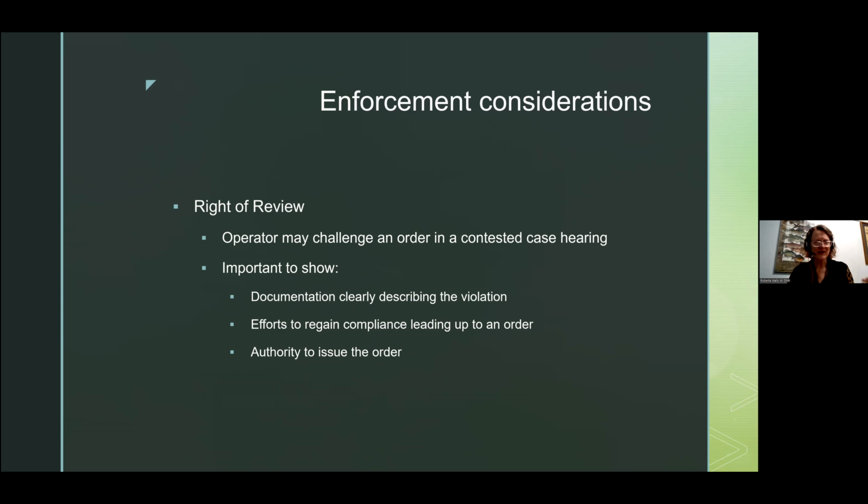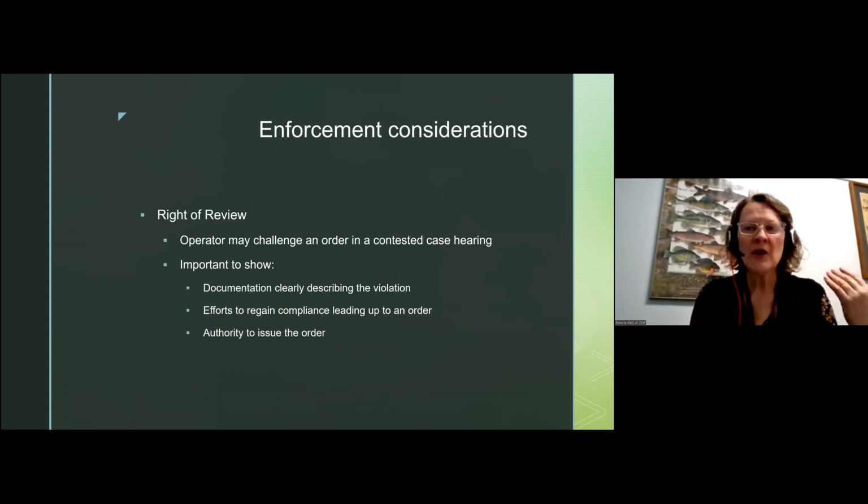So an operator can basically counter challenge your authority about that violation. They can't really challenge your authority per se directly to issue an order, but they can say, I think you're wrong about that violation. And so at that point, a contested case hearing could be held if the operator so chooses to file.